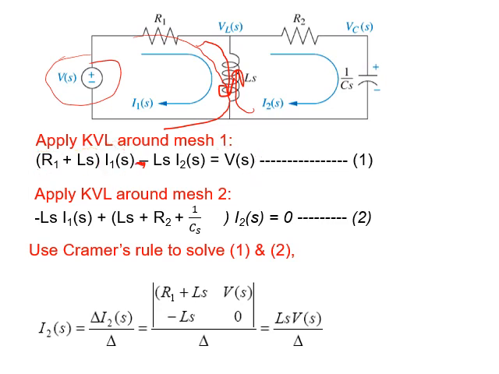So the first equation is developed. Similarly, we can get the second equation, where we are going to follow the same sequence. Here I start with I1, then I2, and so on.